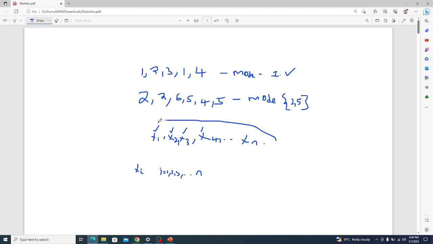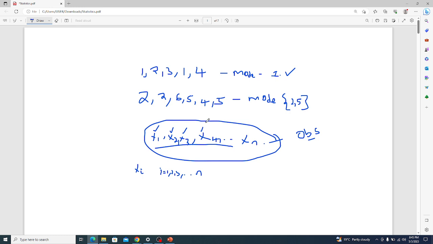It's the same thing we've presented here, meaning now this will be x1, x2, x3, x4, and you can go up to xn. We can call these our observations.